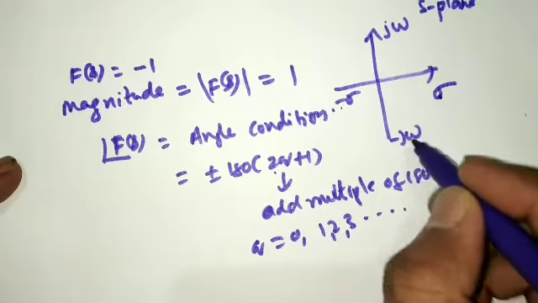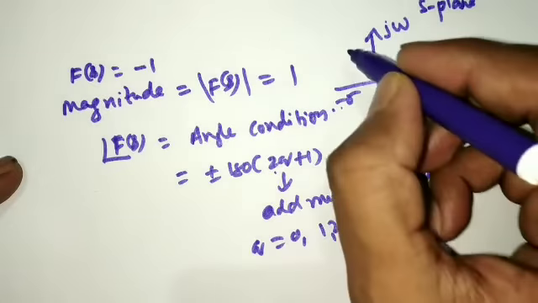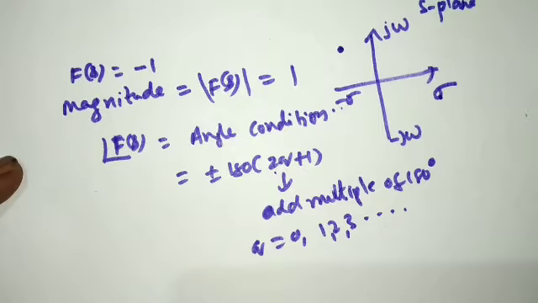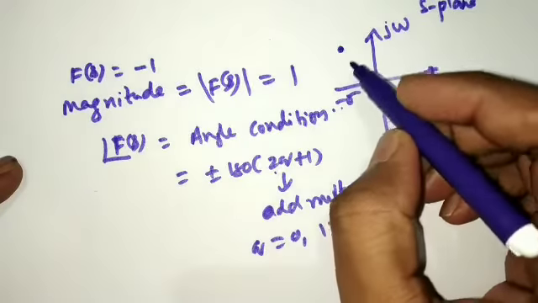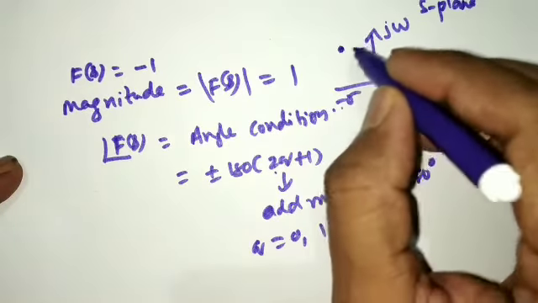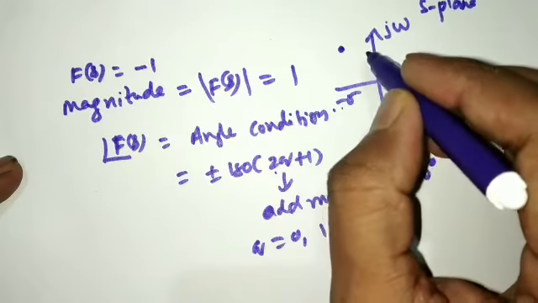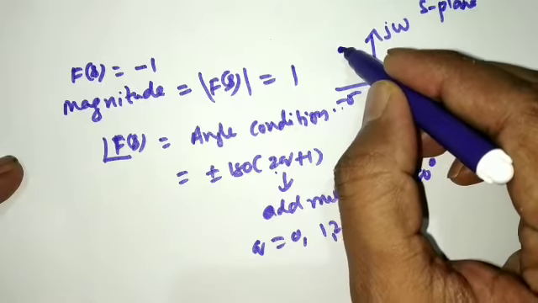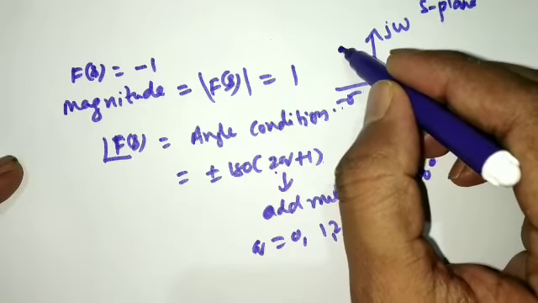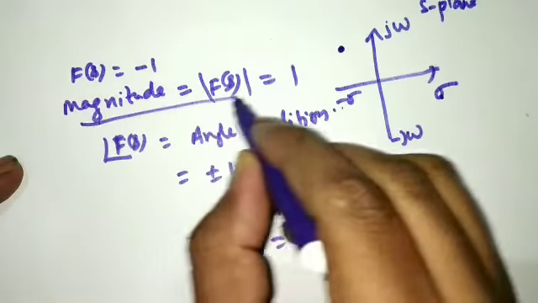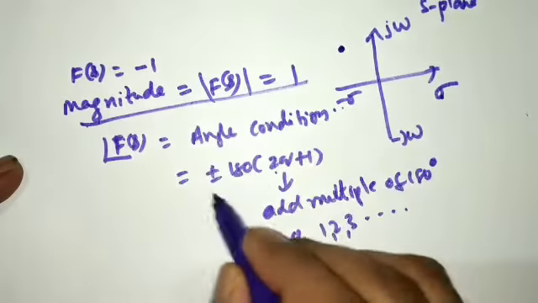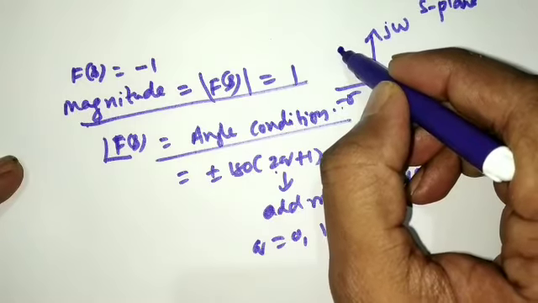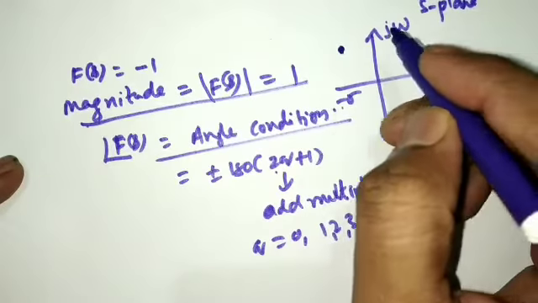If you take any point on this s plane, a point on the root locus path, then if this point satisfies the magnitude condition and angle condition, we say that this point is on the root locus path.